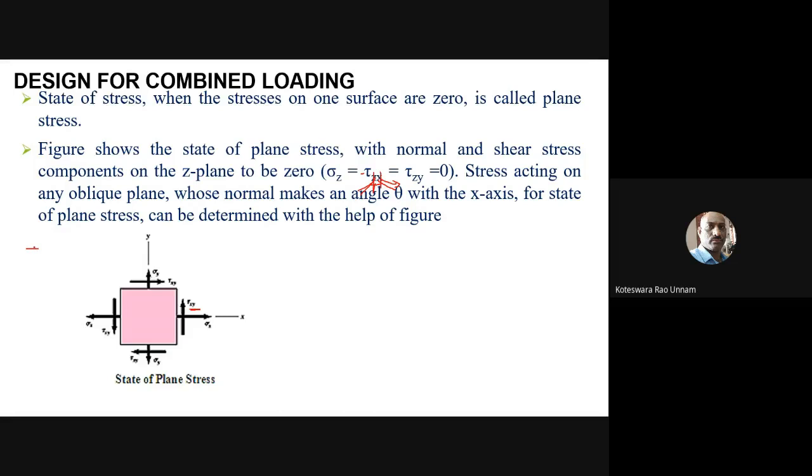If both are positive, that means z is in the positive direction and x is also in the positive direction, then the resulting shear stress is positive. Or if both are negative, even then the resulting shear stress is positive.